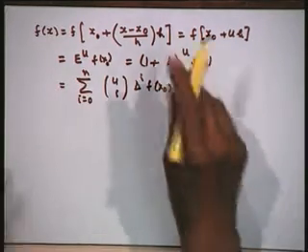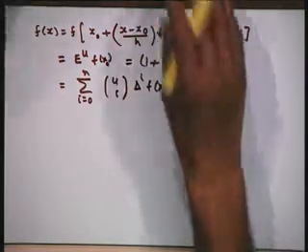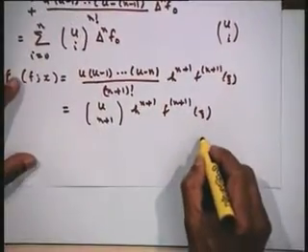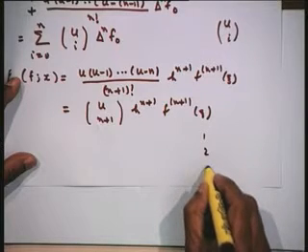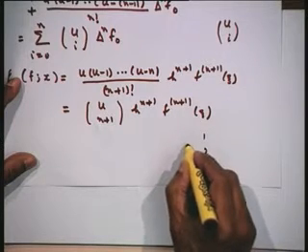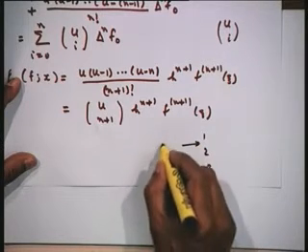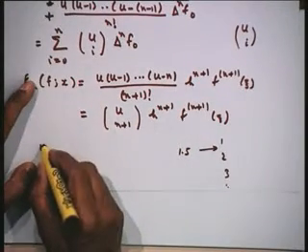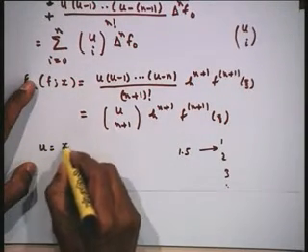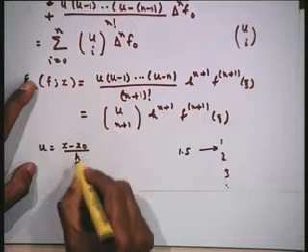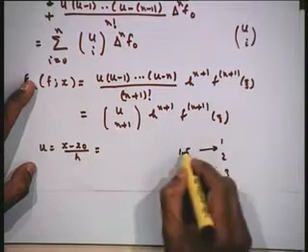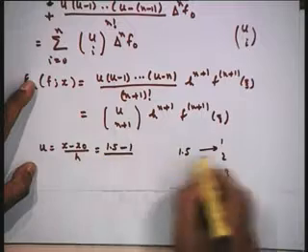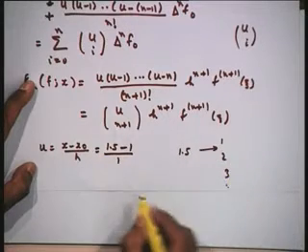u may not be an integer. For example, let us say the data points are 1, 2, 3 and so on, and I am interpolating at 1.5. Then by definition u must be equal to (x minus x naught) divided by h. x is the current value 1.5, x naught is 1, and h is equal to 1.